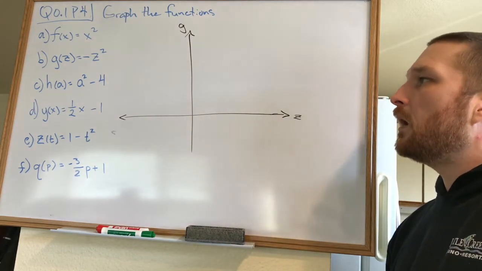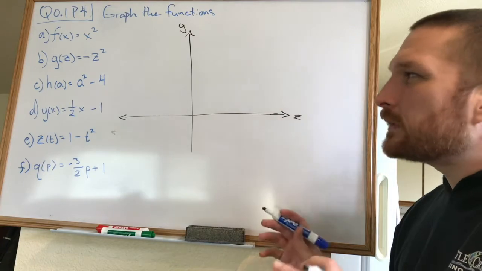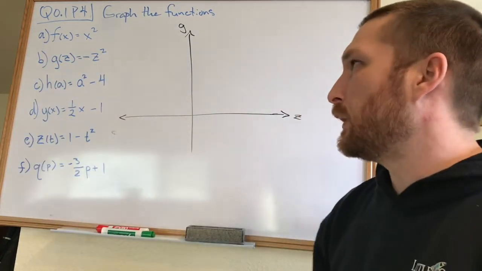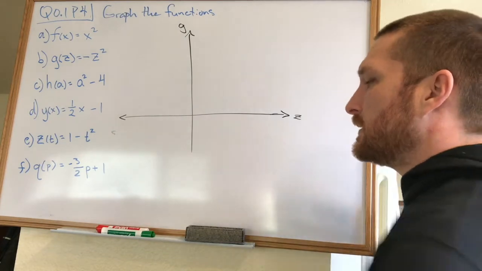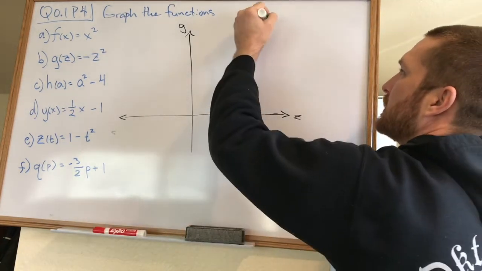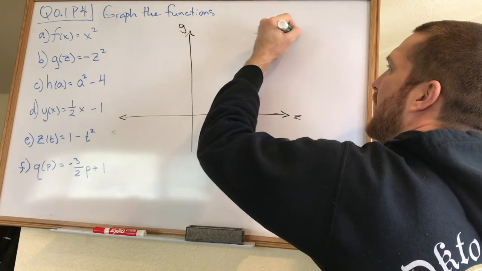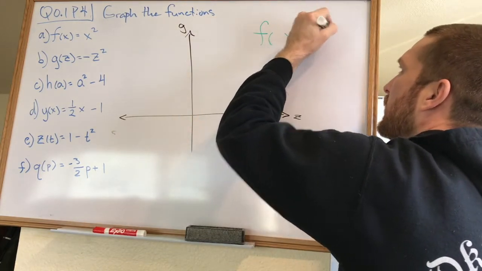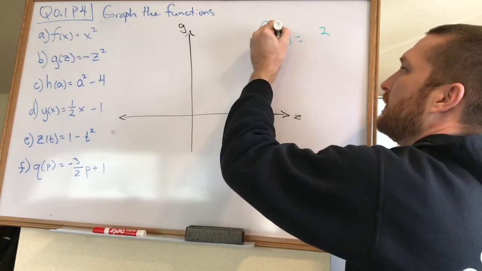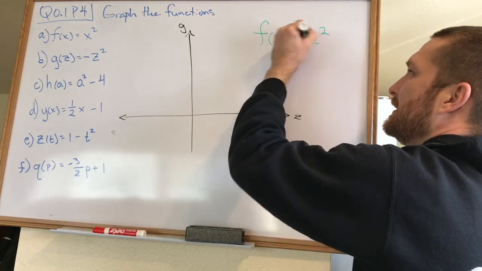The only real difference between this one and the last one is that negative sign right there. So let's first think about our original f of x. F of x was x squared, but now that we're on the z-axis, let's say f of z must be z squared.